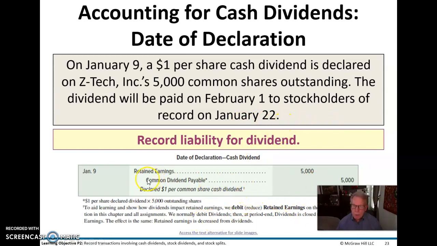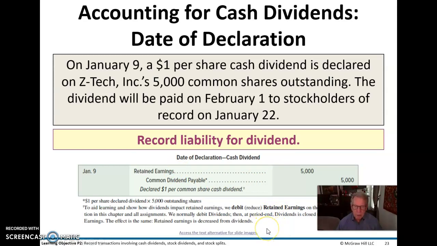So what we do is we debit retained earnings in this example and credit common dividends payable as a liability on the balance sheet. Sometimes we debit dividends, and then at the end of the month we close those dividends to retained earnings. But eventually it gets to retained earnings one way or the other.